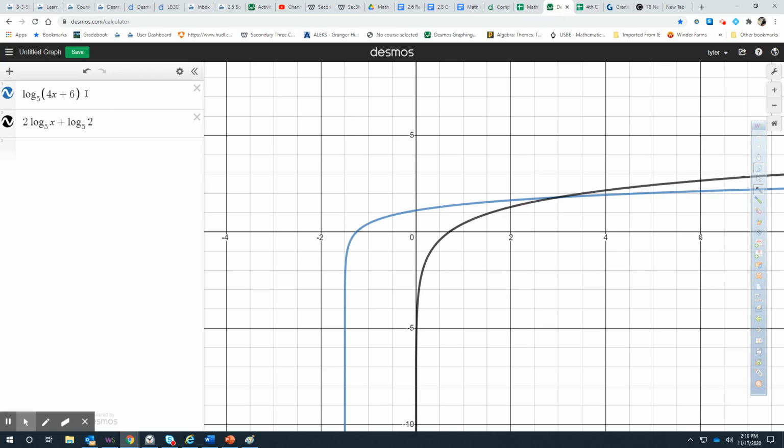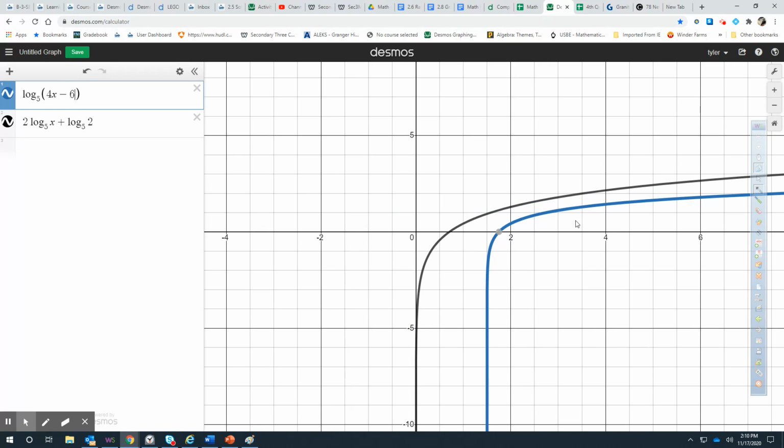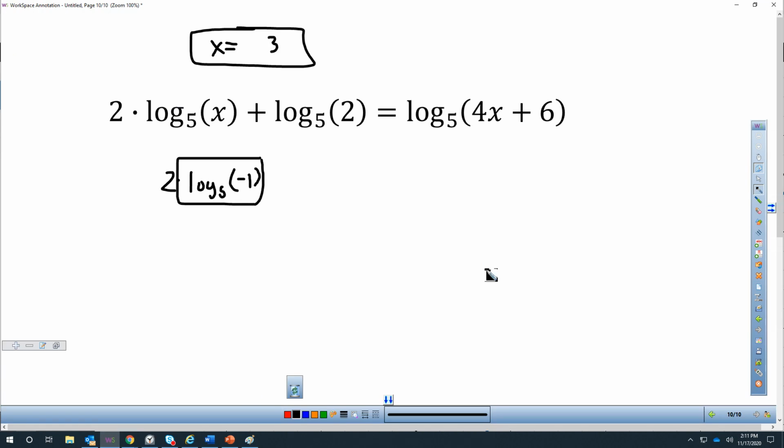For example, if I maybe adjust this to be a negative 6, these logs will never cross. There will never be a solution. And if I tried to solve these, it's not going to be an answer that is meaningful. So you should always check your work to see if you have extraneous solutions. If you have any more questions, let me know, and good luck.